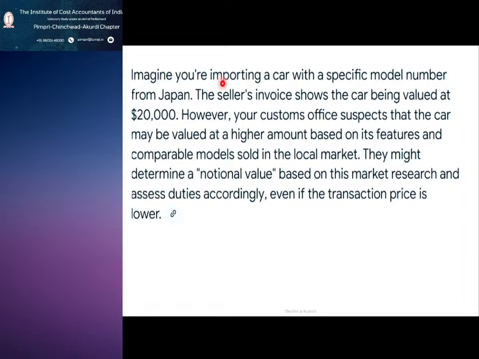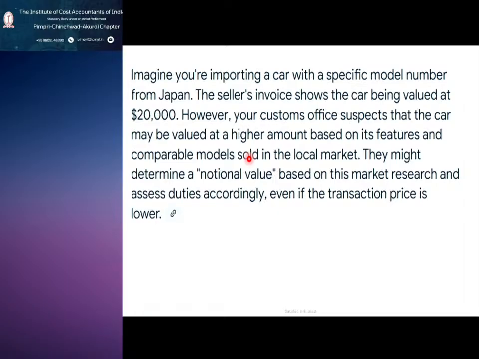So if you are importing a car with a specific model number from Japan, the seller's invoice shows the car valued at $20,000. Your customs office suspects the car may be valued at a higher amount.